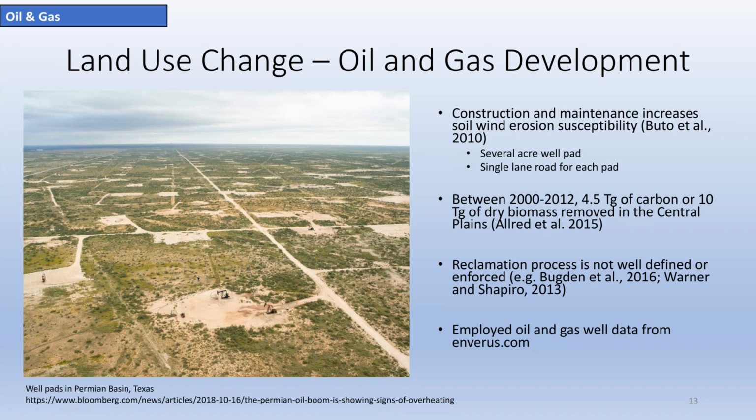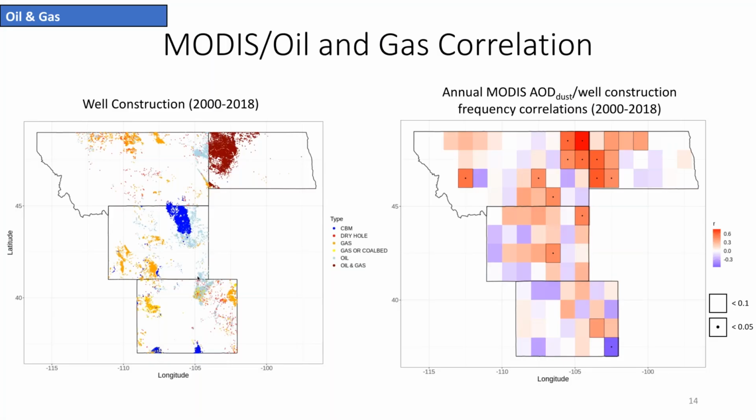So I used oil and gas well data from enverus.com to look at that. And on the left here, we have the wells constructed from 2000 to 2018. And on the right, we have the results of a correlation test between the annual frequency of MODIS AOD dust observations and the annual frequency of well construction by each MODIS grid tile.